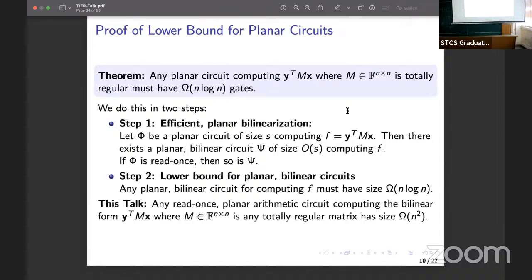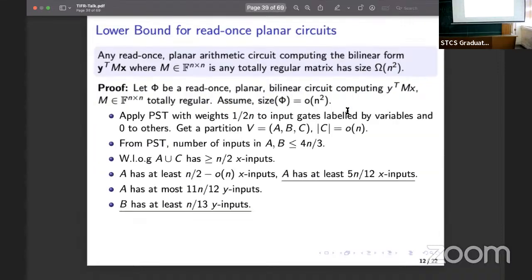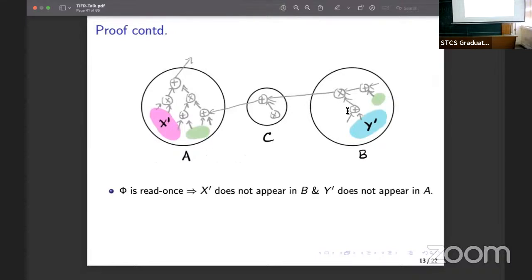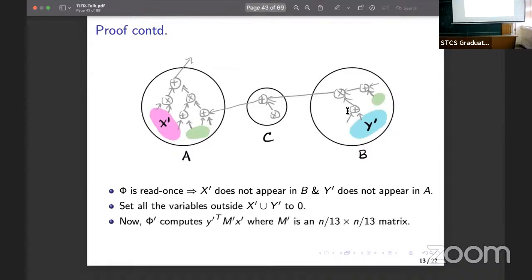This step that we did here crucially relied on the fact that the circuit was read once. Otherwise, you could never do this, because if there's a product gate here, then we can also find its x variables here; they don't have to come from here. So you have to use more sophisticated separator theorems when you go from read once to non-read-once.